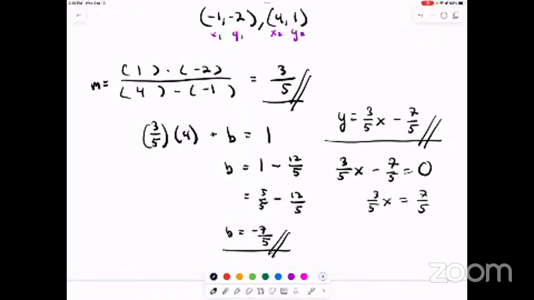Dividing by a fraction is the same as multiplying by the reciprocal. So this is going to be the same as multiplying by 5 over 3. Those are going to cancel each other. We're left with x on the left, and on the right, we're left with 7 over 3.